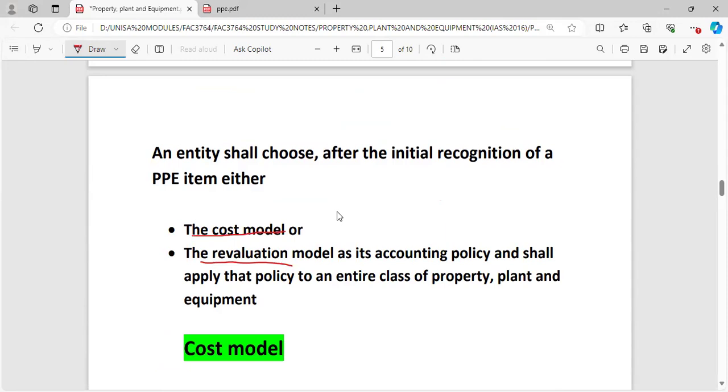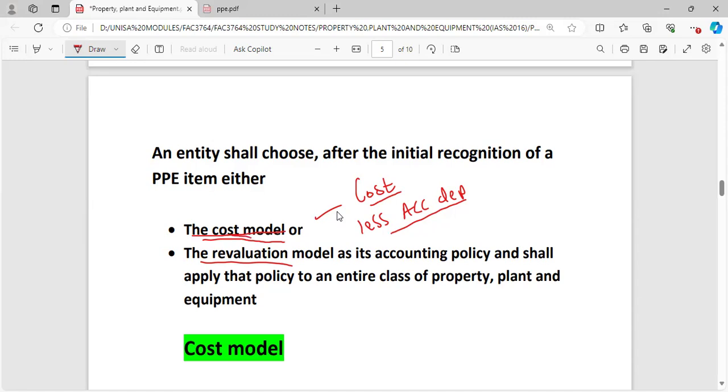So you should look at the question: am I required to measure the asset using the cost model, or am I required to measure the asset using the revaluation model? In the cost model, it's going to be the cost of the asset less accumulated depreciation. That is subsequent measurement of the asset using the cost model.